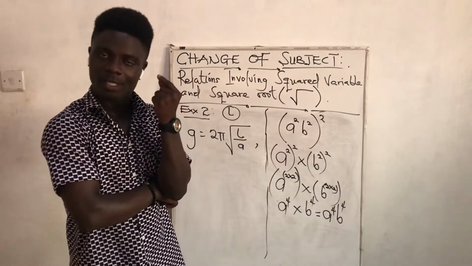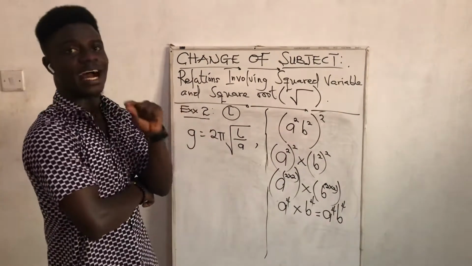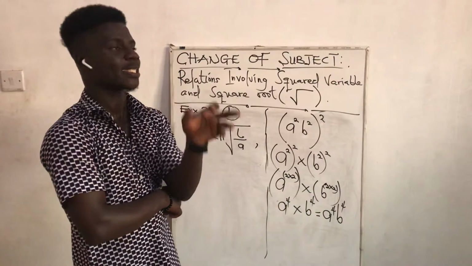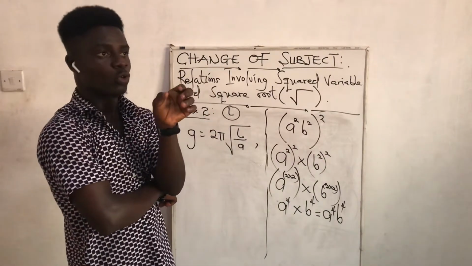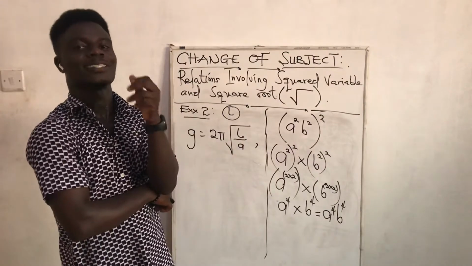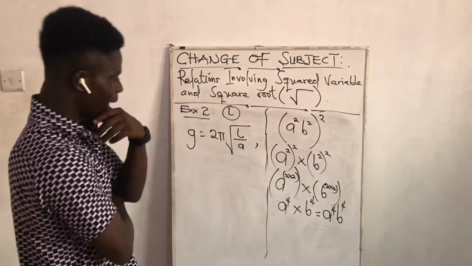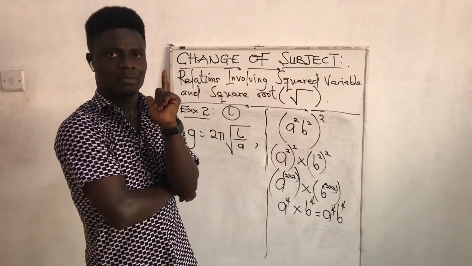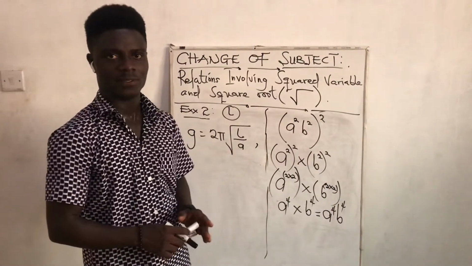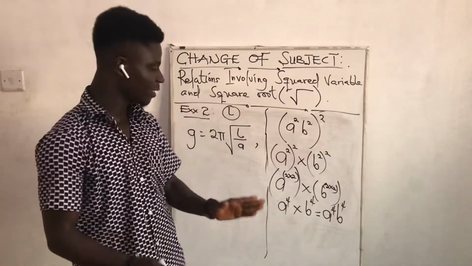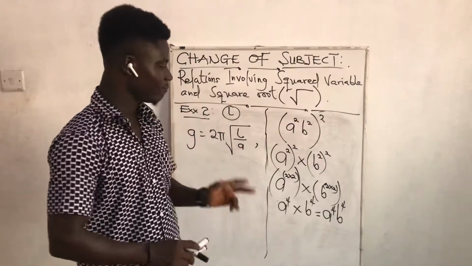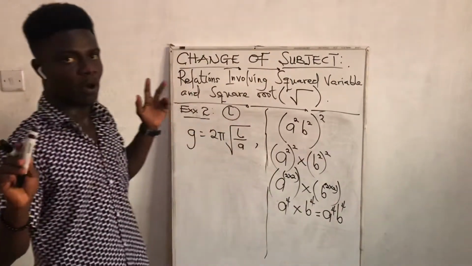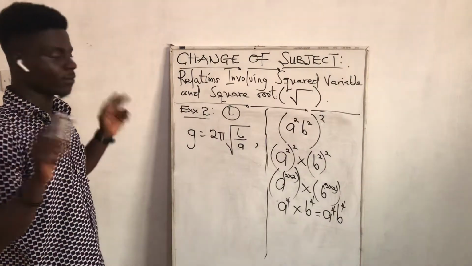The laws of indices state that if they have the same base and they are multiplying, do well to add the exponents, or the powers. But here they don't have the same base; A and B are different. So since they don't have the same base, I don't add any exponents. So I have a to the power 4, then b to the power 4.